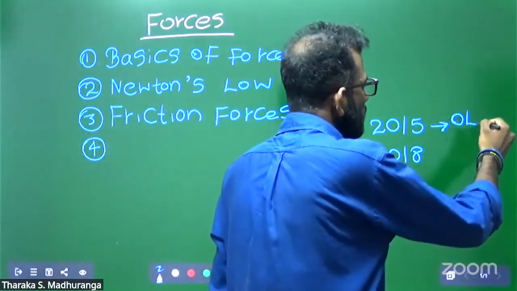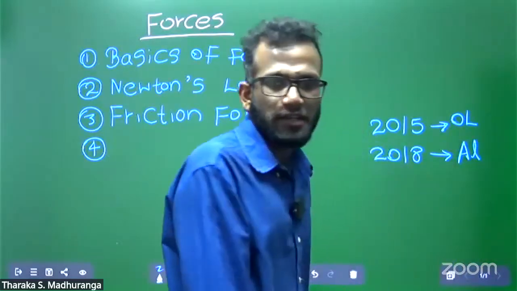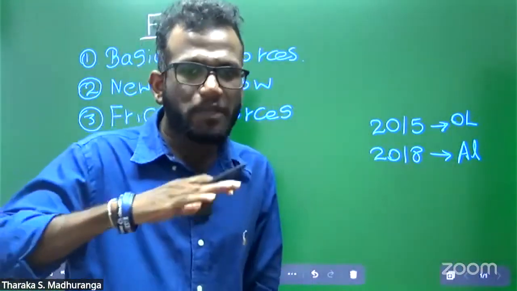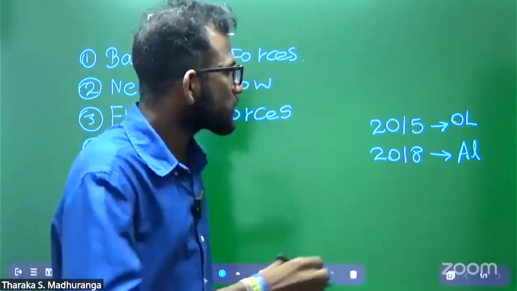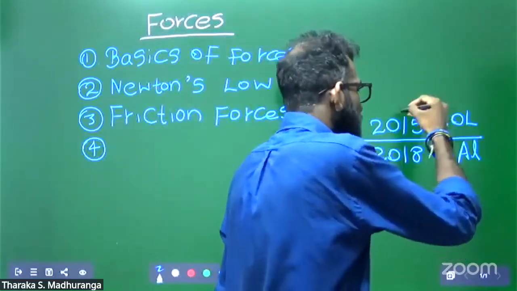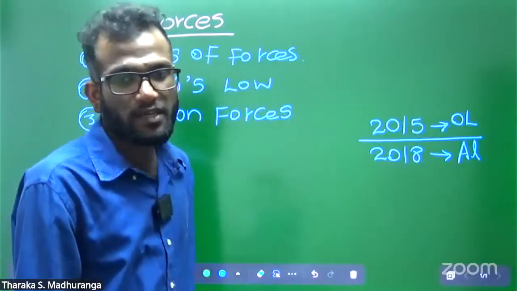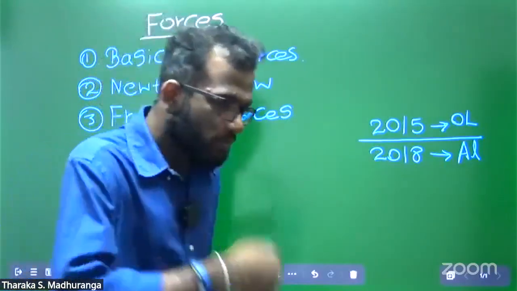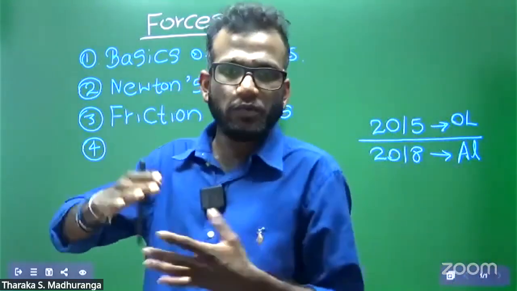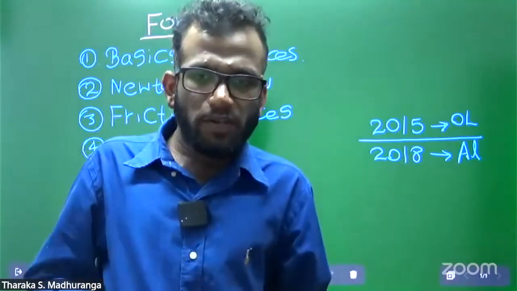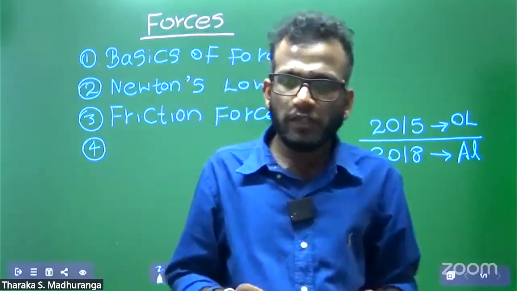Not like now, in our time the A level exam timetable was regular. No extension, no changing. The 2015 December O level, 2018 August A level. Now your exam also will come back to the normal range. Which month did you do your O level?